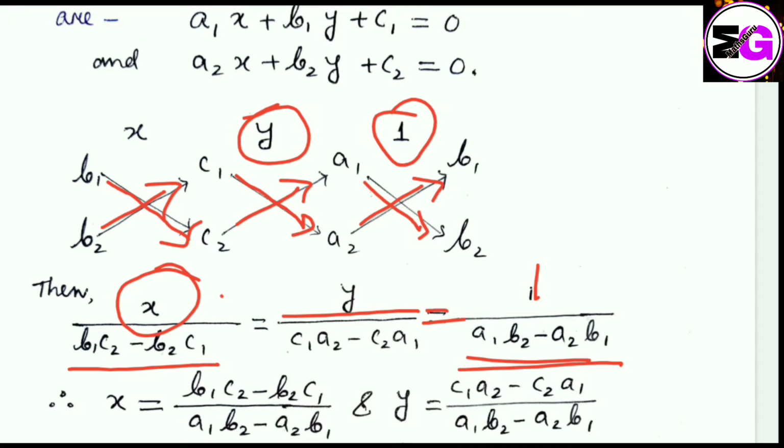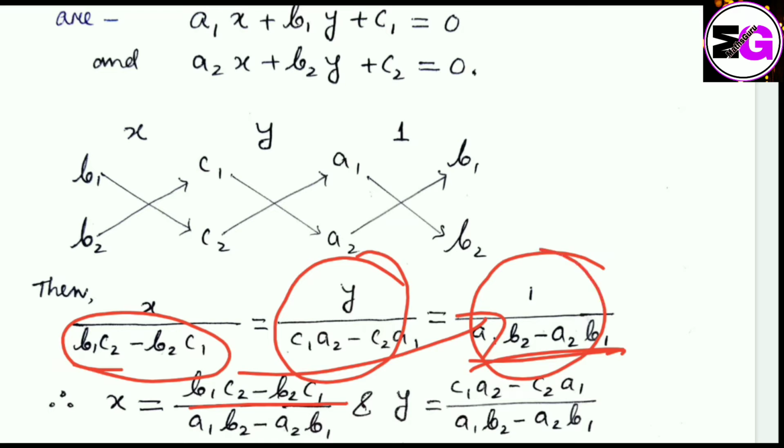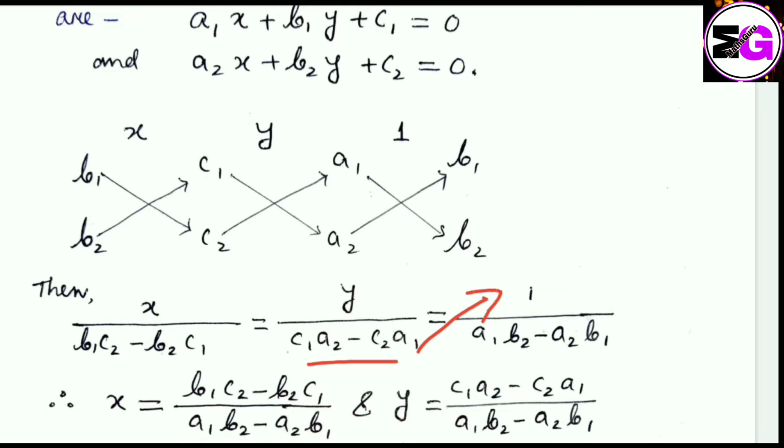If we compare the first and third, b1 c2 minus b2 c1 divided by a1 b2 minus a2 b1. And if we compare the second and third, c1 a2 minus c2 a1 divided by a1 b2 minus a2 b1. We just need to remember this.